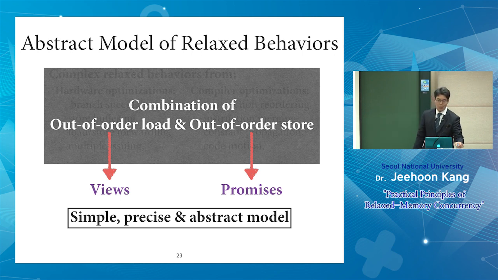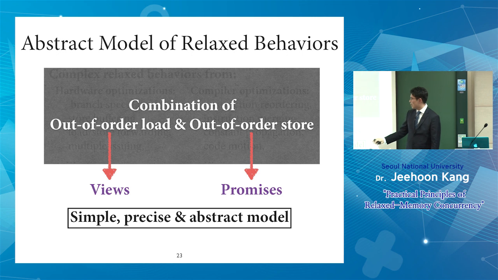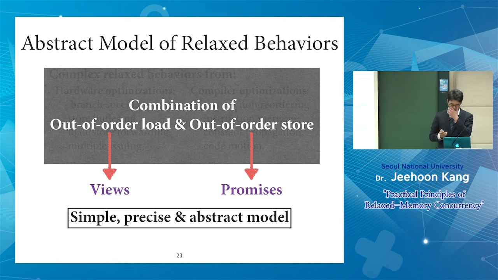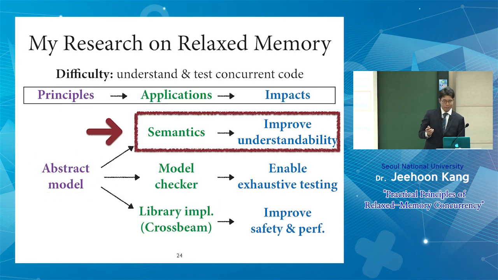Okay. So in this way, we could make a simple, precise and abstract model for this complex relaxed behavior. So let's answer Professor Seokyeong Yu's question. I'll explain 3 applications. I'll first explain the concurrency semantics we made for the C and C++ programming languages and the ARM and RISC-V architectures.